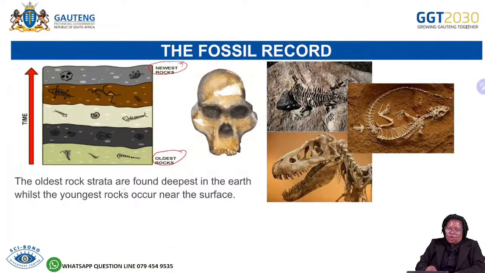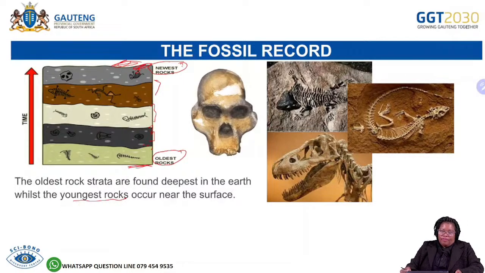Now this will be the oldest, followed by this one, followed by this one, then this will be the newest. So the oldest rock strata are found deepest in the earth, whilst the youngest are found near the surface. Can you see that?